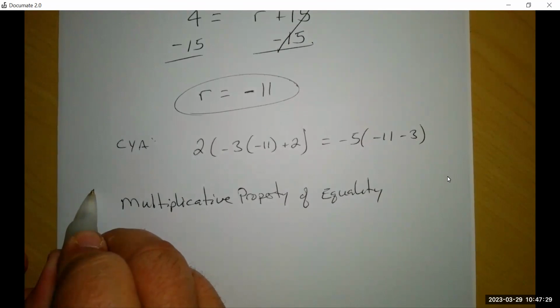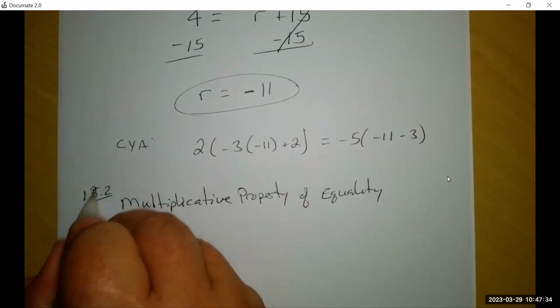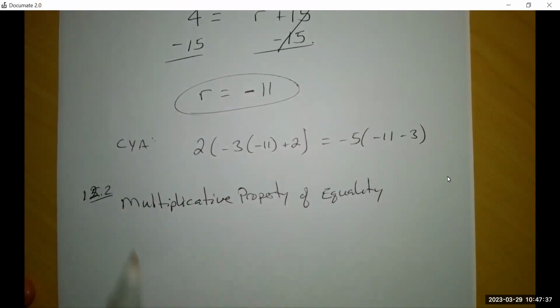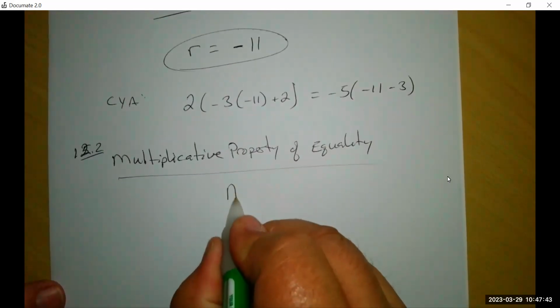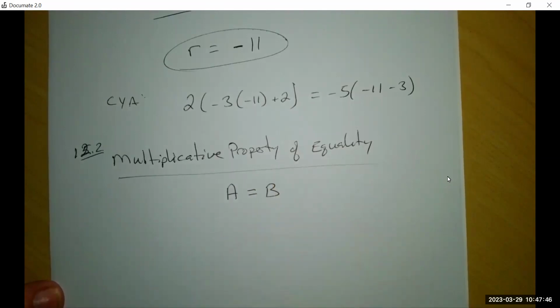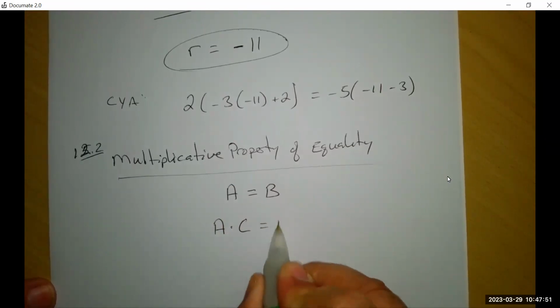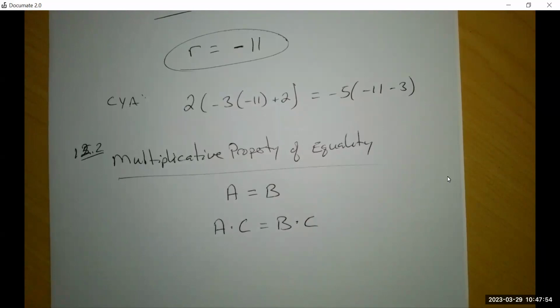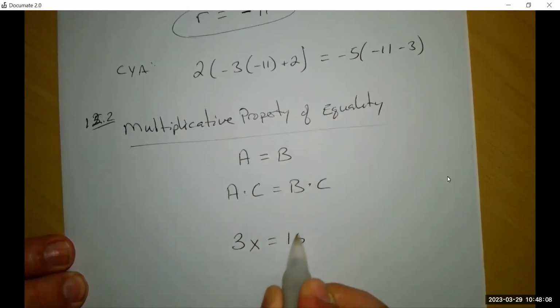This is the next section, 12.2. We've been doing it all along. It says if A equals B, then if I multiply a number to A and the same number to B, they're going to be equal. When have we used this property? We did it here.